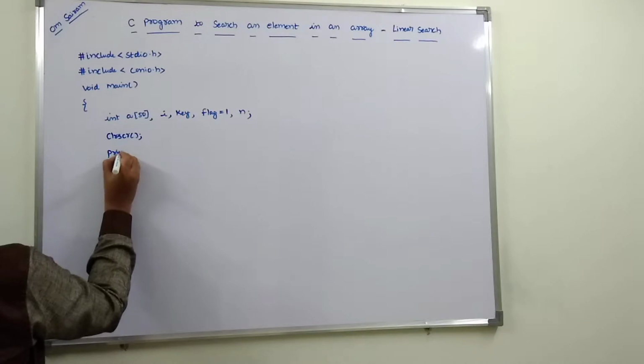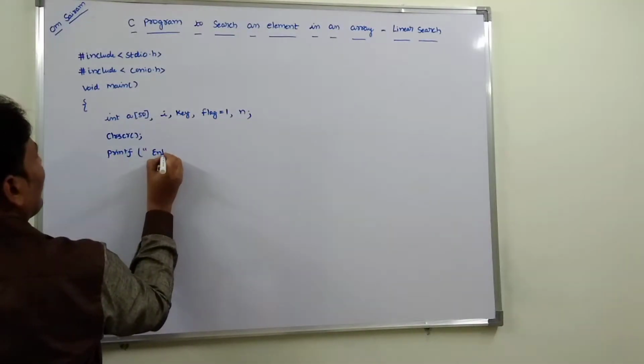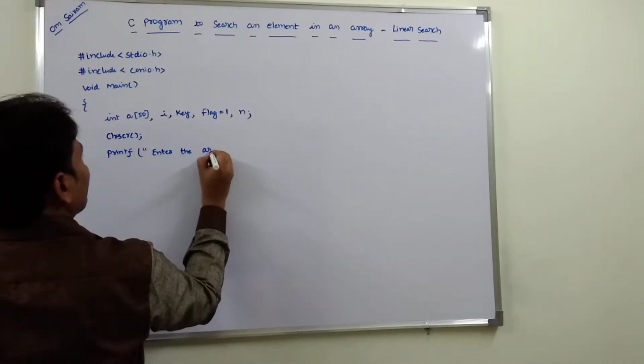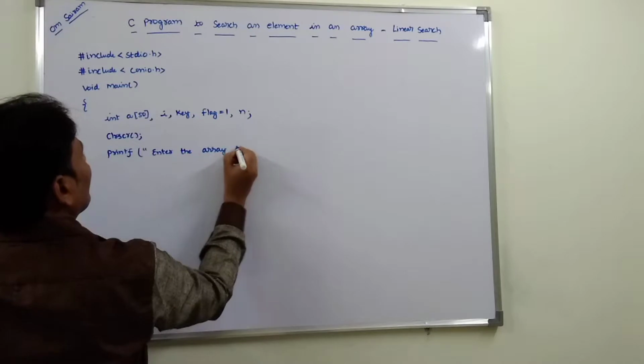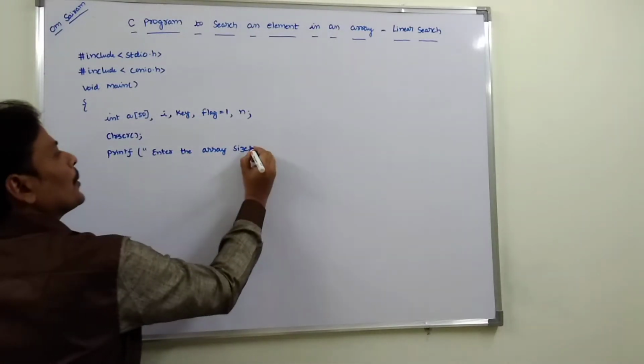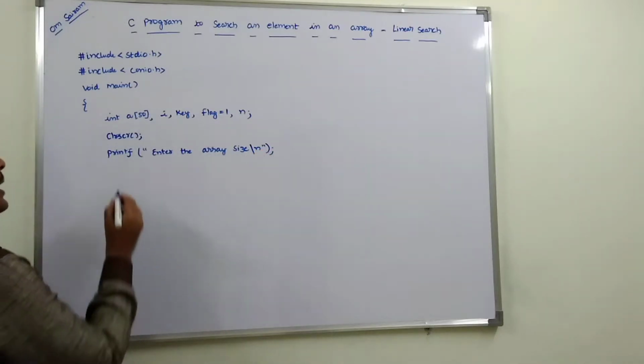So printf, "Enter the array size\n", parenthesis close, semicolon.